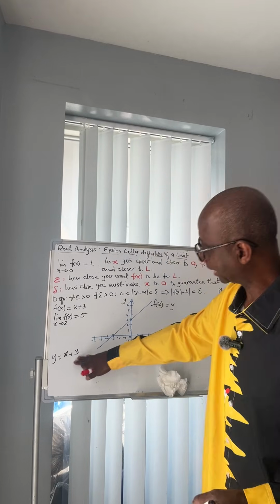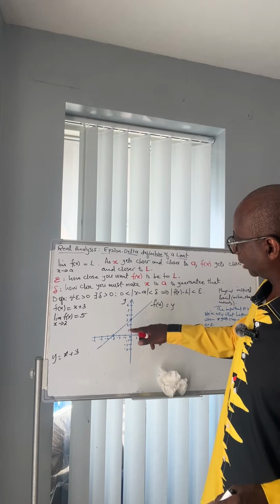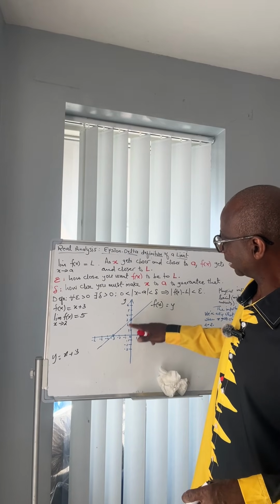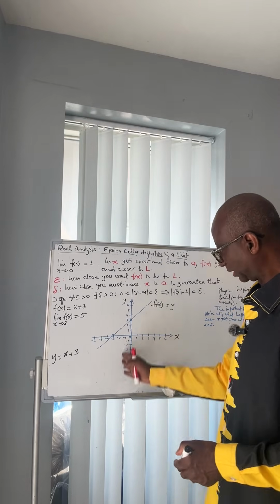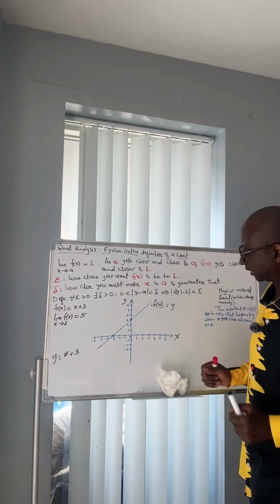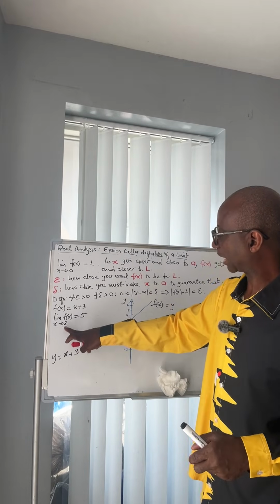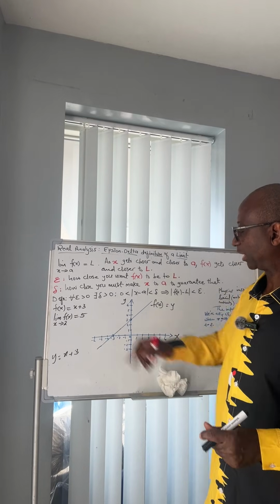When you plot this, it is a straight line graph. It will intersect the y-axis at 3 and the x-axis at minus 3. So we are going to investigate this function, and we say that as x approaches 2, f of x is 5.